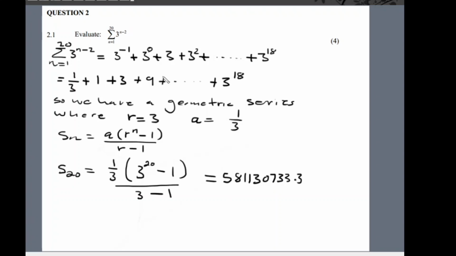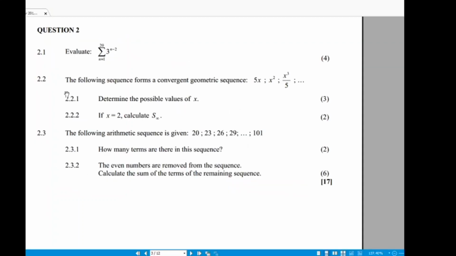So evaluating this sigma notation gives you this answer.